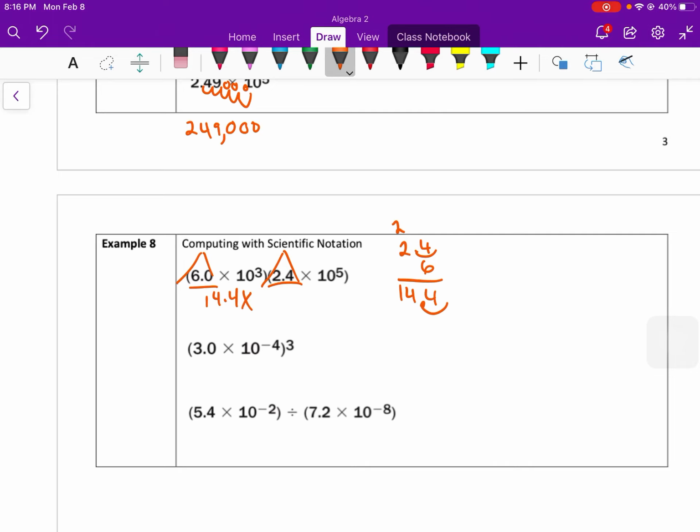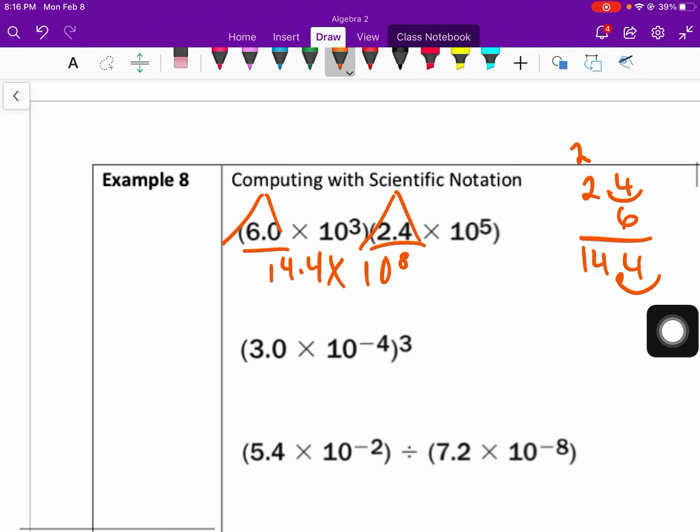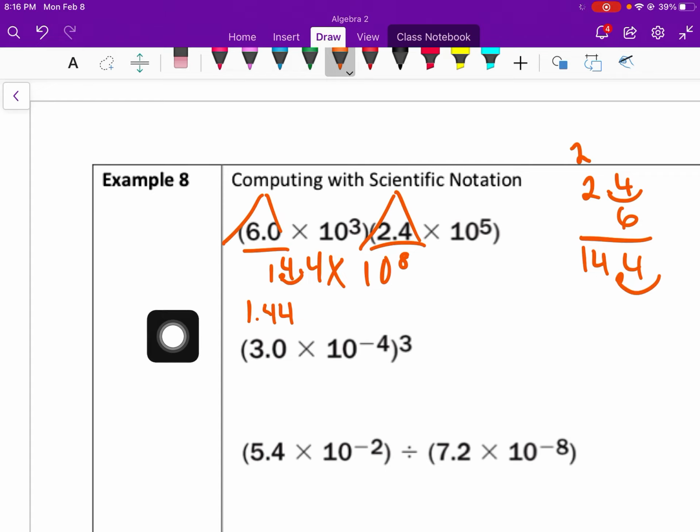So we have 14.4 times, now we have the same base, and we have exponents here, and it's a product, so now we're going to add them. So 10 to the third times 10 to the fifth is going to be 10 to the eighth. But hold on, we have an integer that's greater than 9 here, so we're going to want to move the decimal here so that we have 1.44, because we want an integer from 1 to 9, times, so we moved left, it's going to seem backwards, we're going to want to add 1, so 10 to the 8th plus 1.